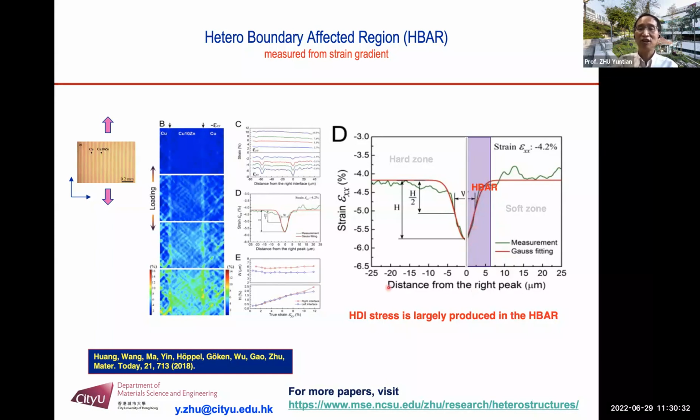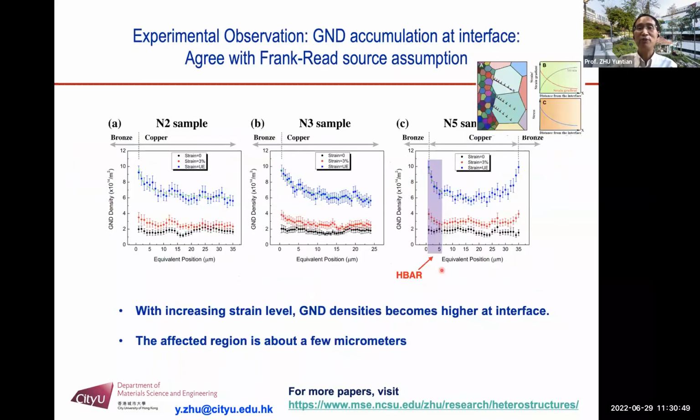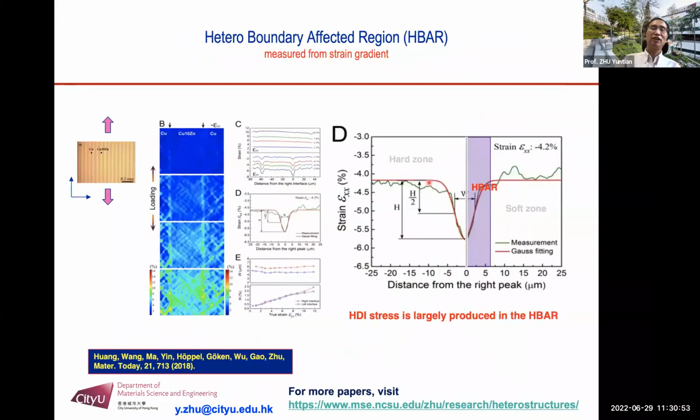The width of this peak is also the same H bar. This H bar is the same H bar here. So this experiment verifies that our concept is correct.